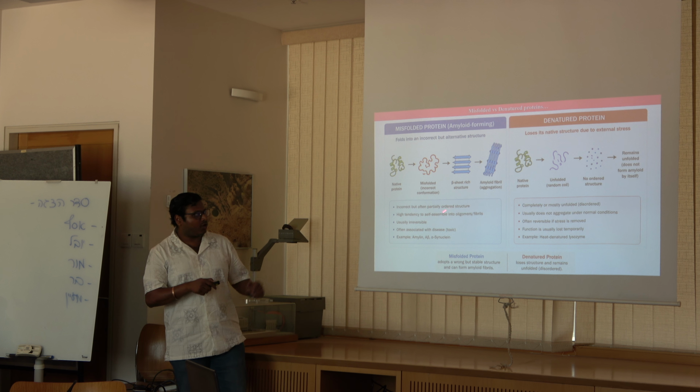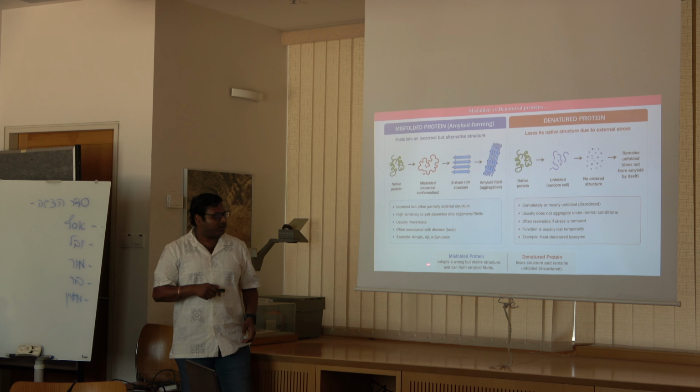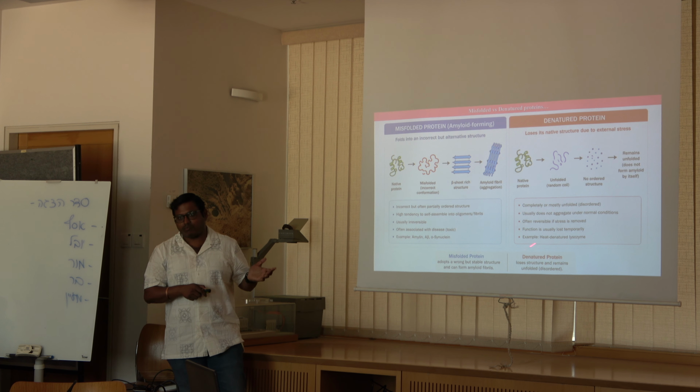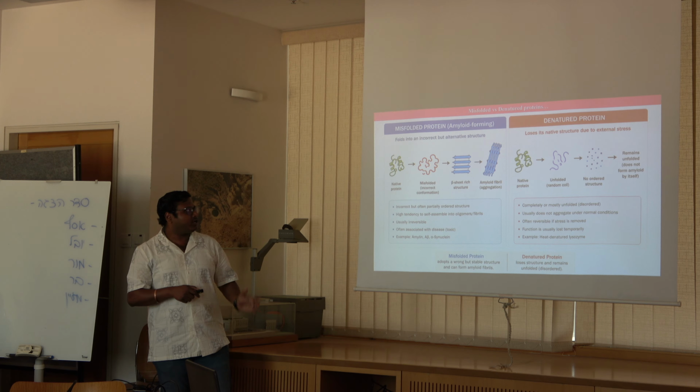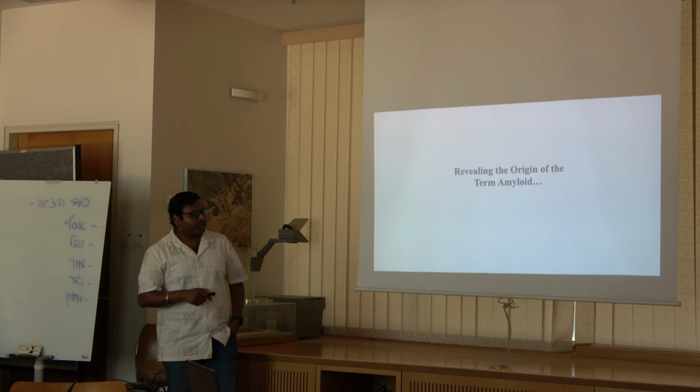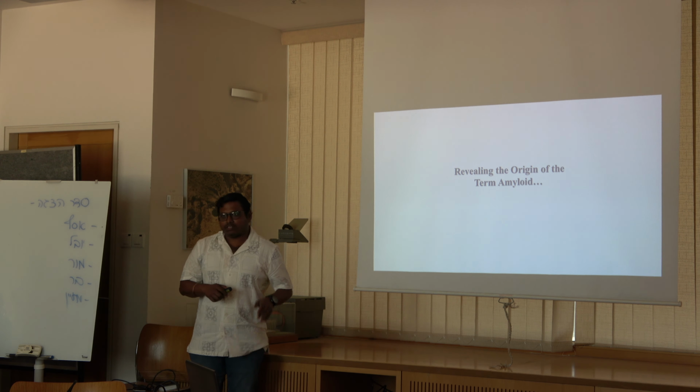They can have different functions, including abnormal functions as well, but the unfolded proteins do not function properly at all. So this is the basic difference between the denatured protein and the misfolded protein which forms the amyloids.